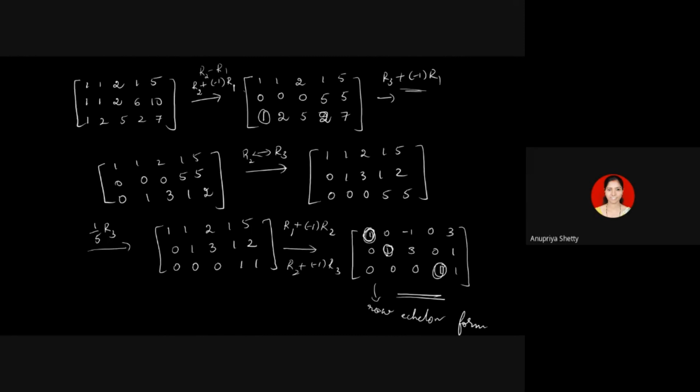If you have not done the operation R2 interchange with R3, what will happen? This row 0, 0, 0, 5, 5 would be here, and in the final matrix this last row would be the second row, and this would be the last row. But you see that the pivot of this row would be to the left side.